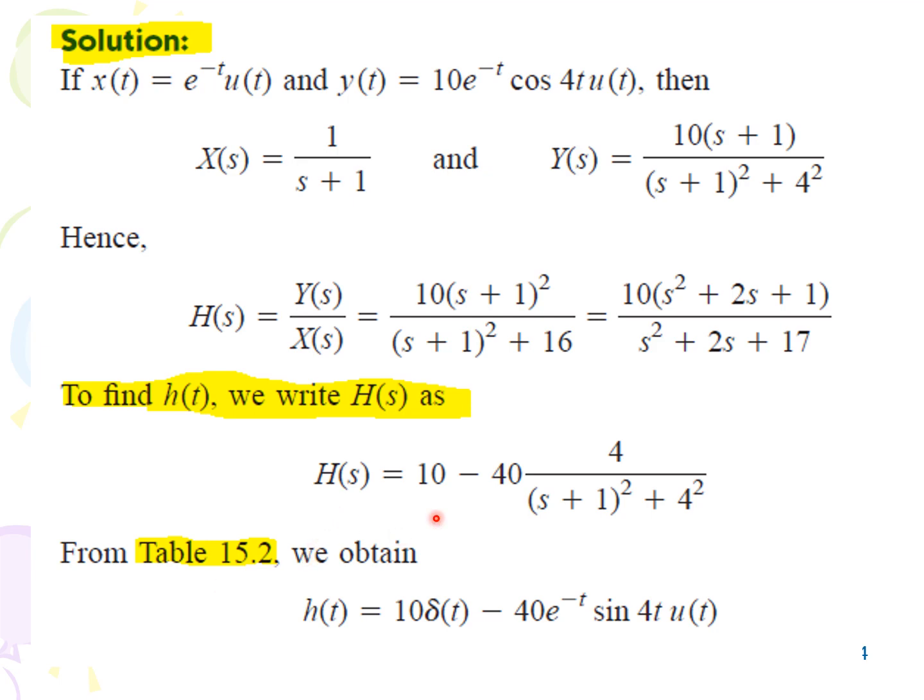So h(t) will be equal to 10 delta(t), because the inverse Laplace transform of 1 is delta(t), minus 40 e^(-t) sin(4t). So the term 4 divided by (s plus 1) squared plus 4 squared will have this inverse Laplace transform, e^(-t) sin(4t). So that is the impulse response which was required.